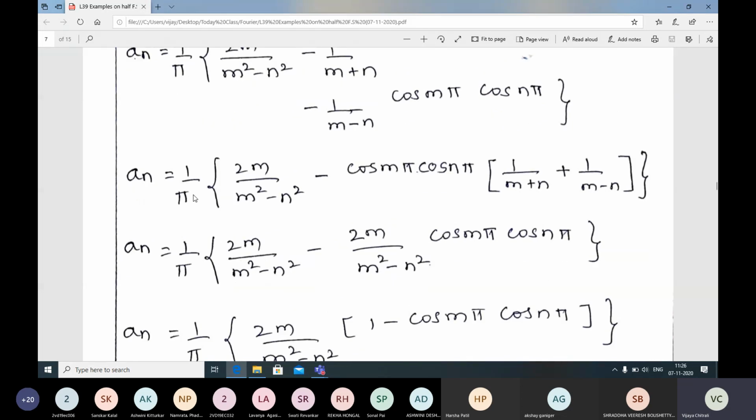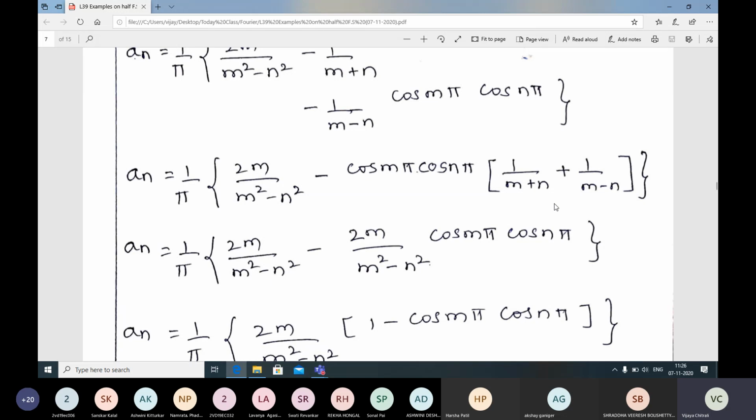So 1 by pi as it is, 2m divided by m square minus n square as it is, minus cos m pi cos n pi common. So inside, minus we have taken outside, means inside 1 upon m plus n plus 1 upon m minus n. Again take LCM and simplify.